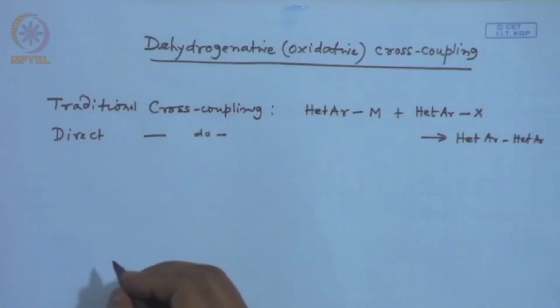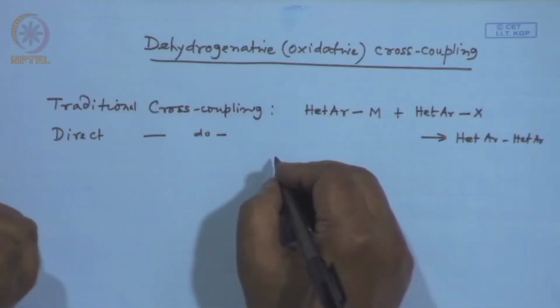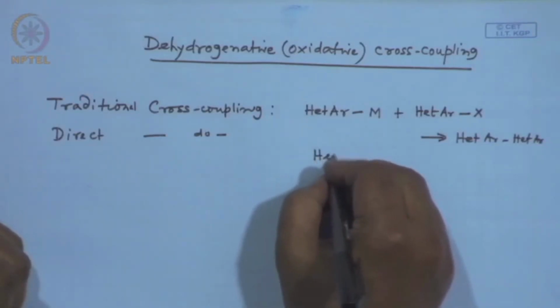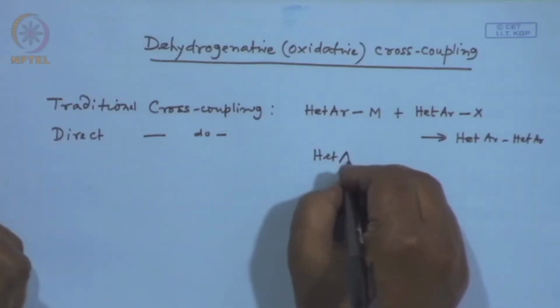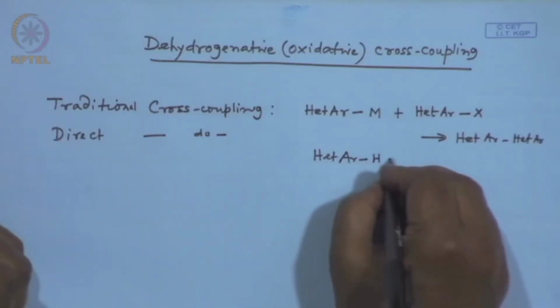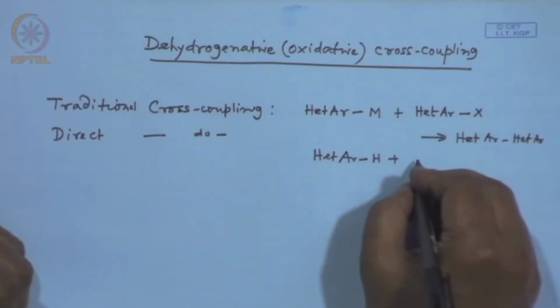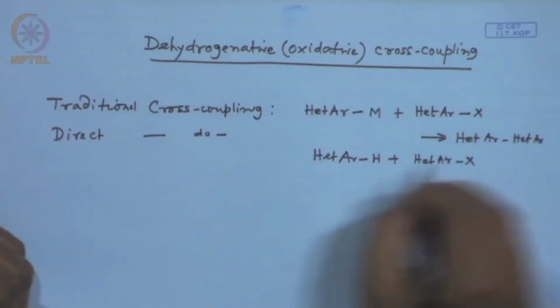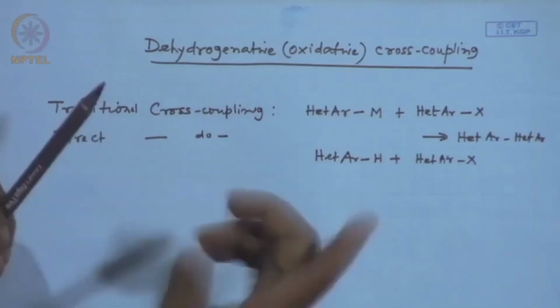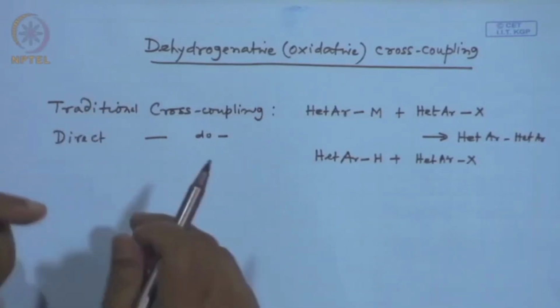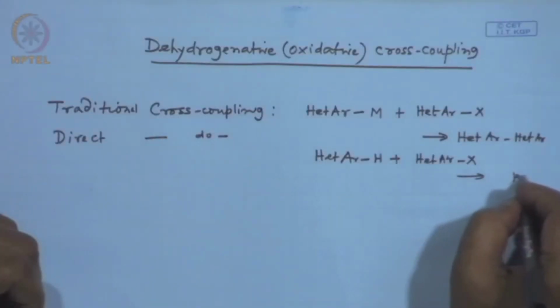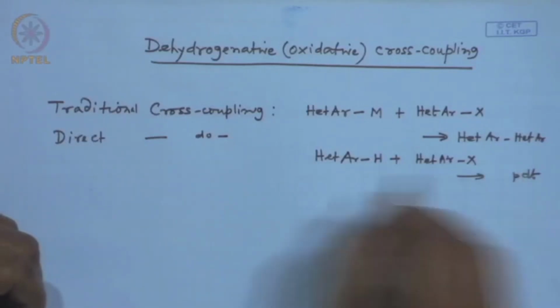Direct cross coupling is something like you have a heteroaryl group and hydrogen, and we have seen only one example, heteroaryl again aryl and X. If you have an aryl C-H, intermolecularly this can go to the product, again a biaryl.